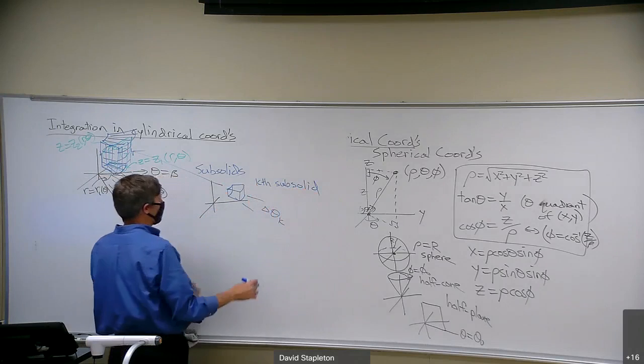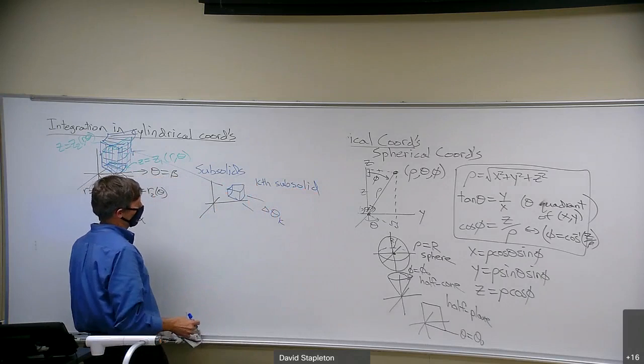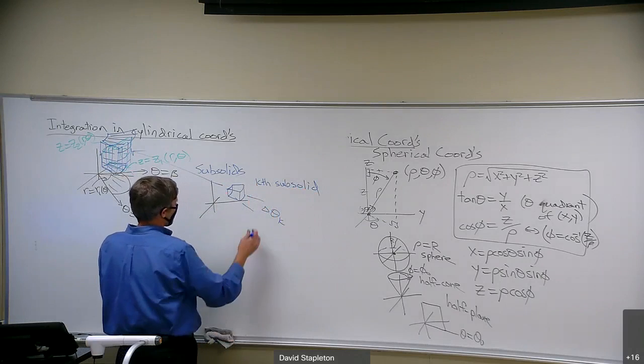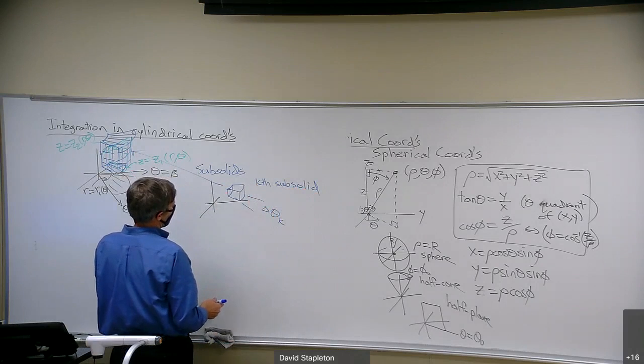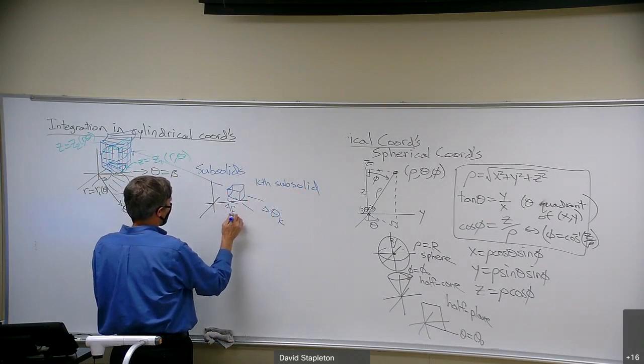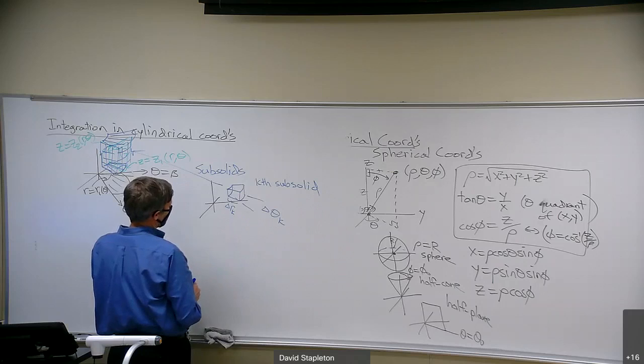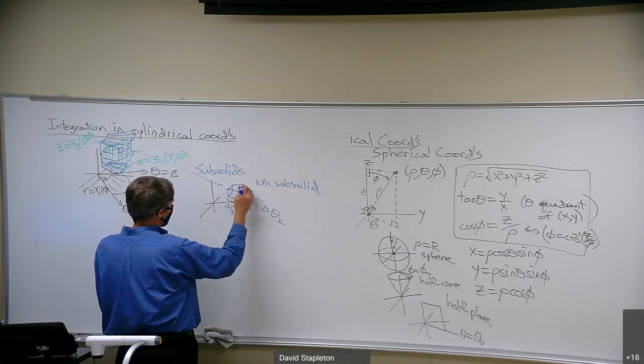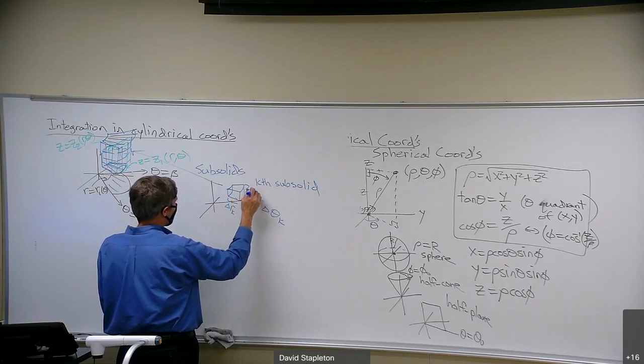We partition it into n subsolids and take the limit of the sum again. That's what we're going to do. So delta theta k is the change in angle, and then delta rk is the change in radius, and delta zk is the change in height.